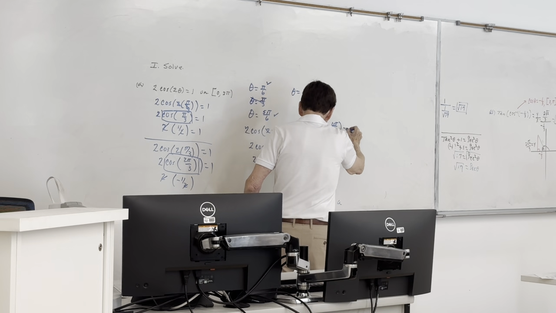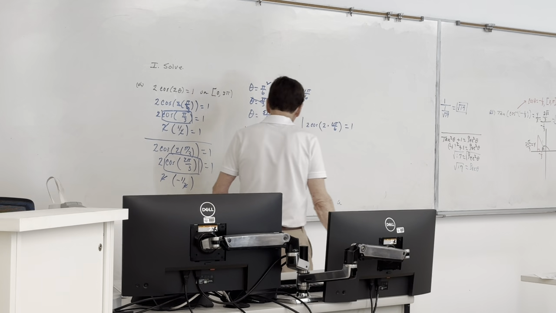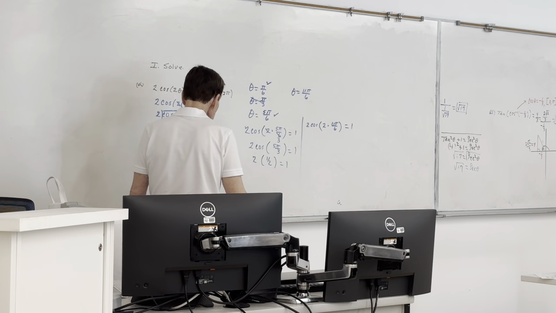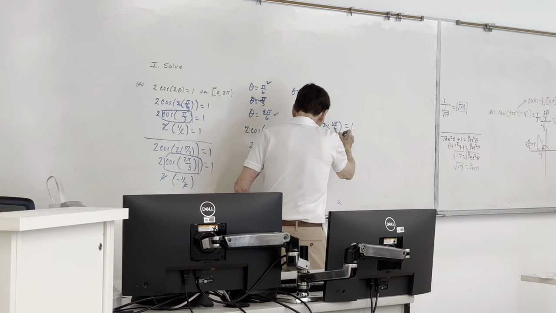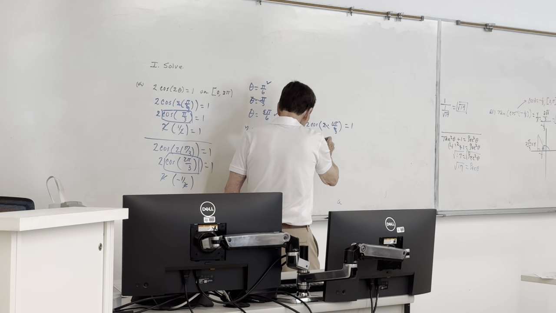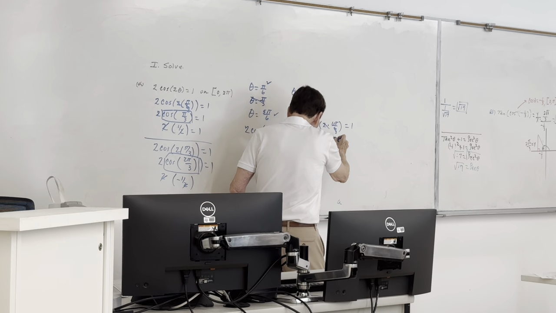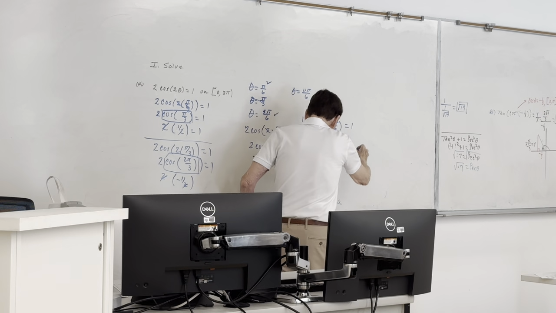And we're hoping all this will give me a 1, if I wrote all that down correctly, which I think I did. Inside here, that gives me that. It's 2 cosine 11 pi over 3, which is getting messy, is equal to 1.